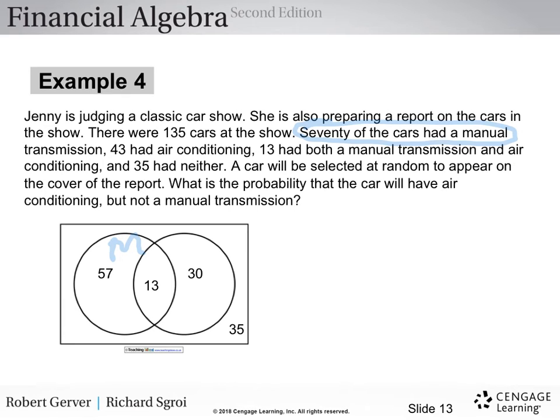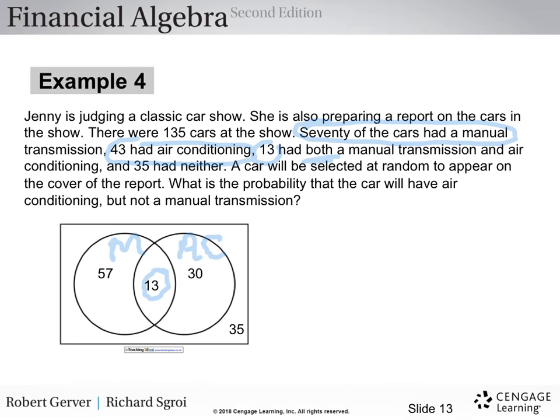Now, 43 had air conditioning. So this circle on the right is going to correspond to air conditioning, AC. It says 43, so if I take 13 plus 30, that's 43. 13 had both, and that's this number in between, the intersection of both air conditioning and manual transmission.